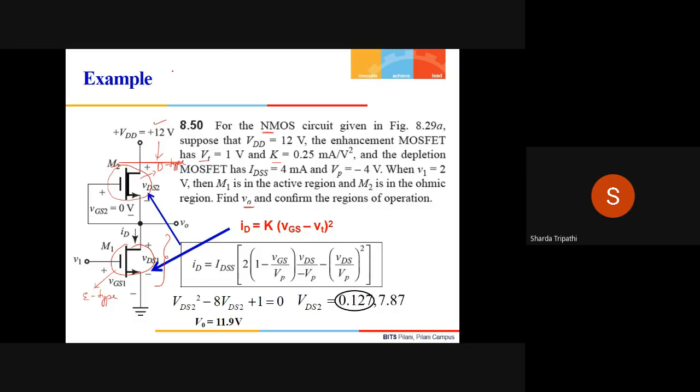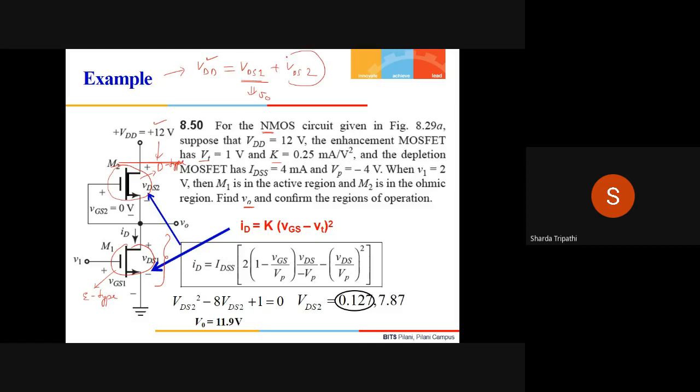So VDD is going to get dropped between the first MOSFET and the second MOSFET, because here there is no drain resistance, and here also there is no drain resistance. So this is the equation, and my variable is VDS1 because this is where V naught is indicated.